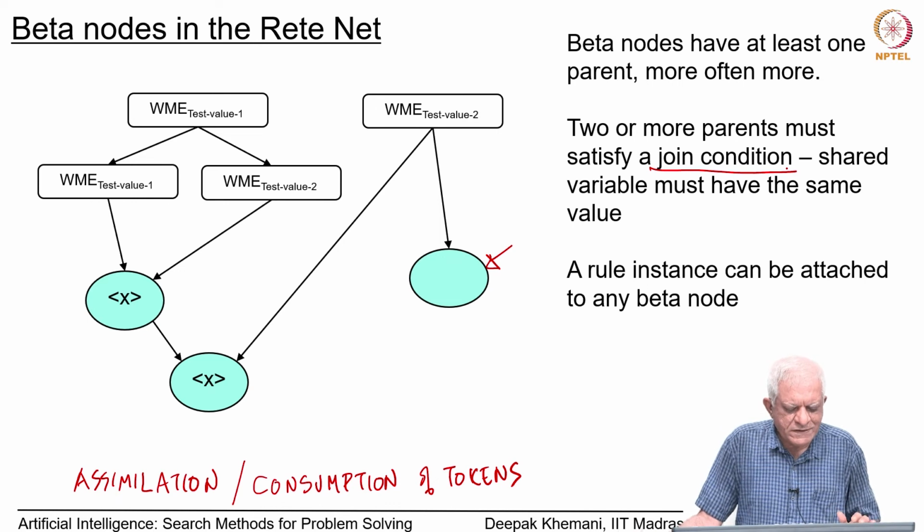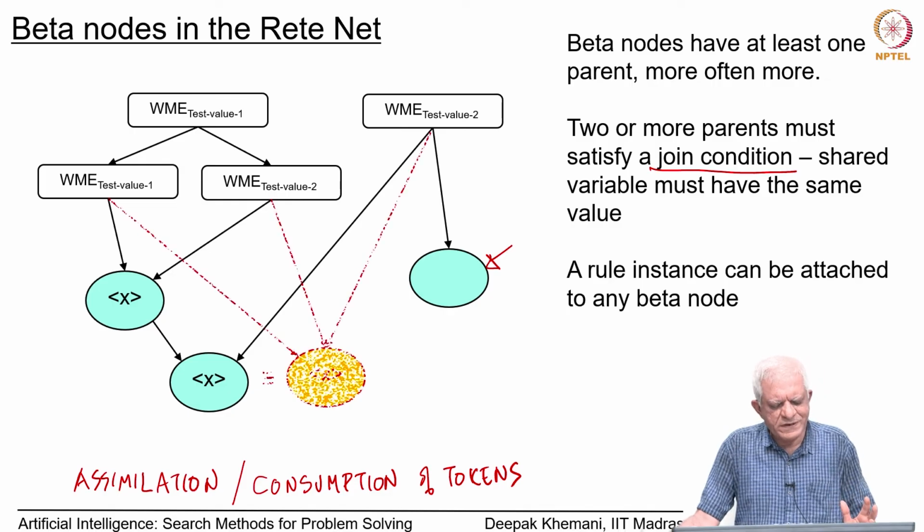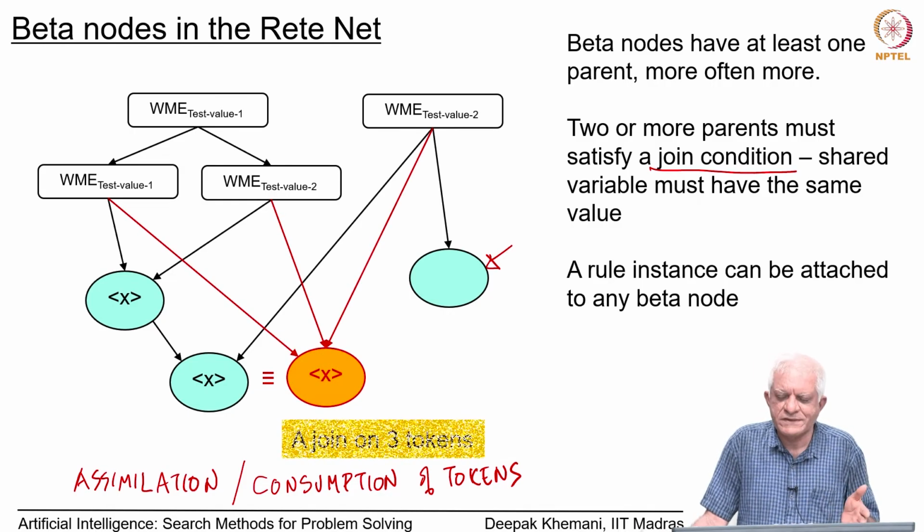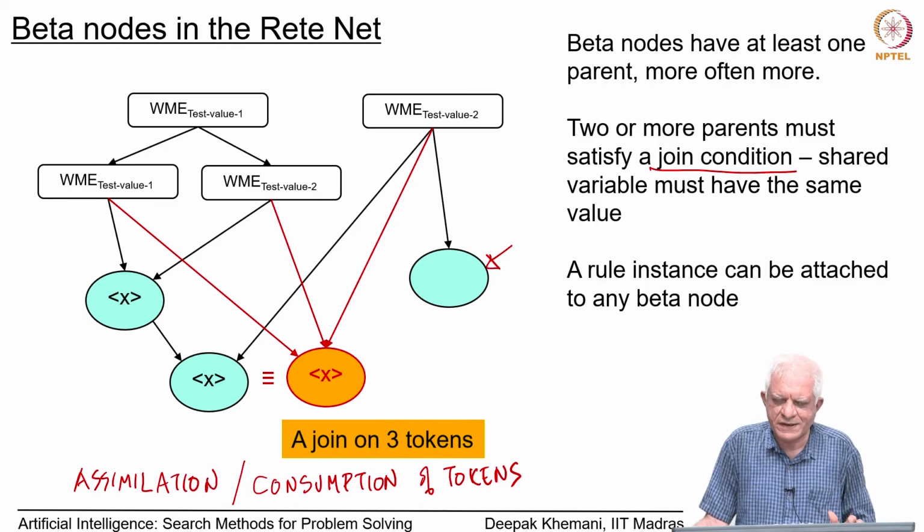Now, I have drawn here 2 beta nodes on the left, and one of them is a parent of the other beta node. I could easily have drawn this network a little bit differently, where the join happens on 3 tokens. There is no difference in the meaning or the semantics of whichever way I construct the network. The basic idea is that there are 3 tokens which have to come together.